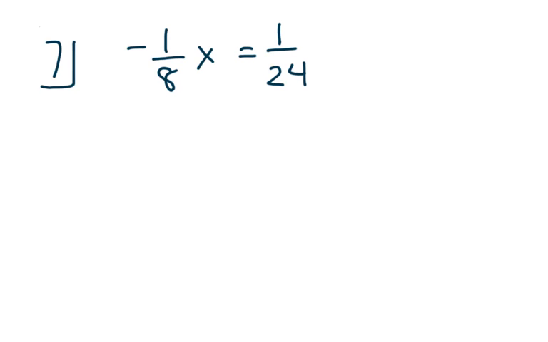The next one is not 15. What number is this? This is number 8. We have negative 1 over 8x equals 1 over 24. So I'm going to multiply both sides by negative 8.